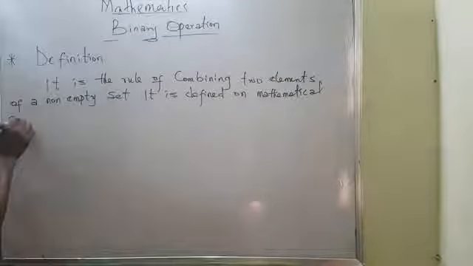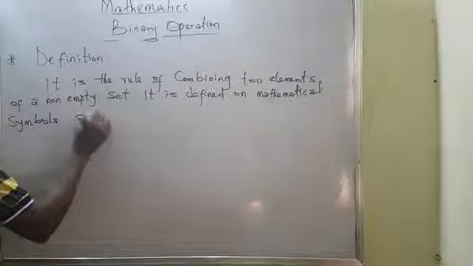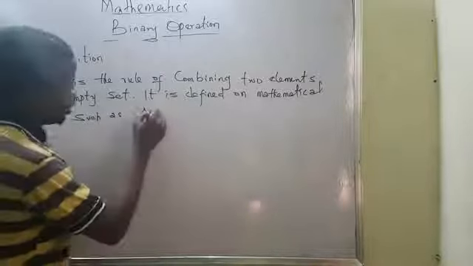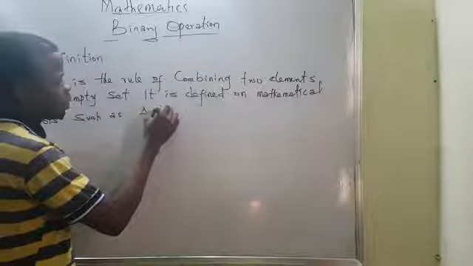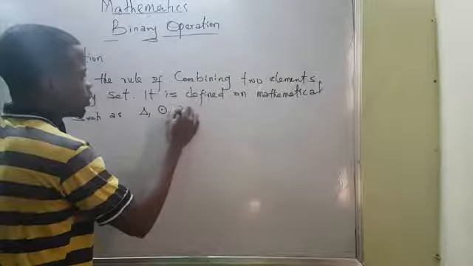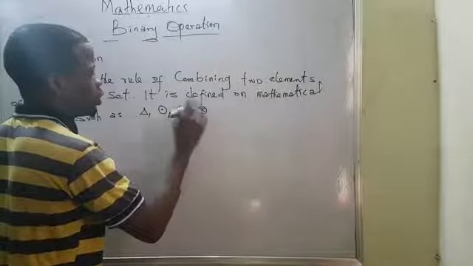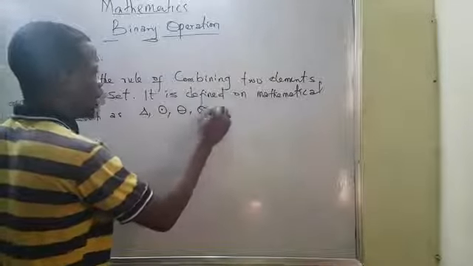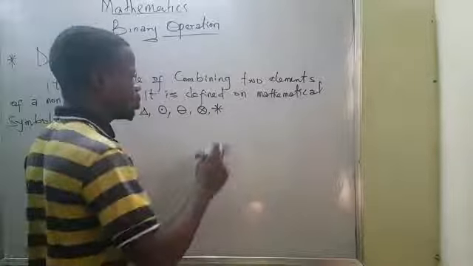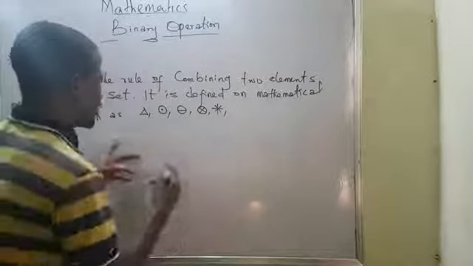There are mathematical symbols such as these, including the asterisk. These represent multiplication. That time you use them interchangeably. These symbols could stand for anything.